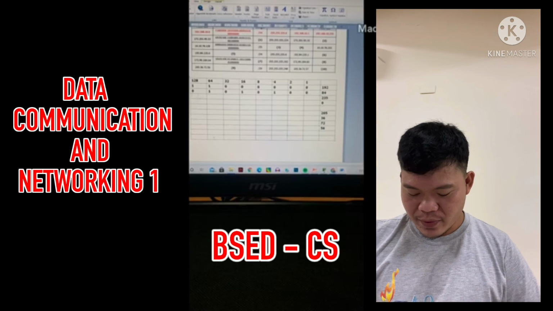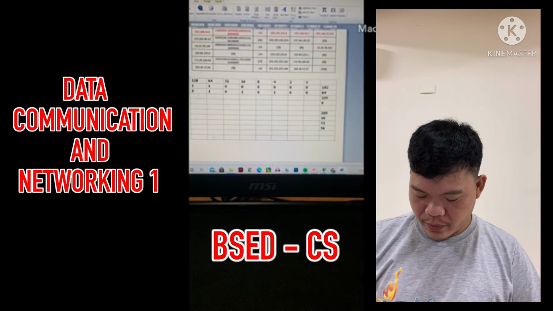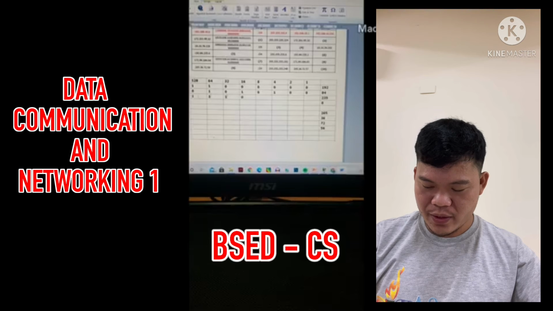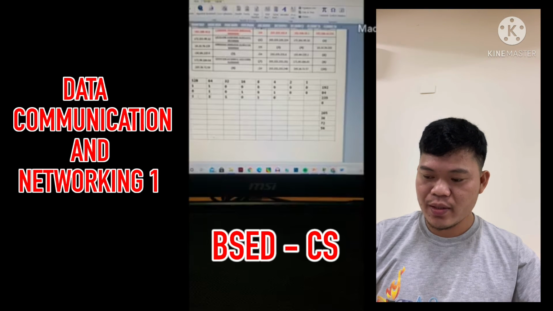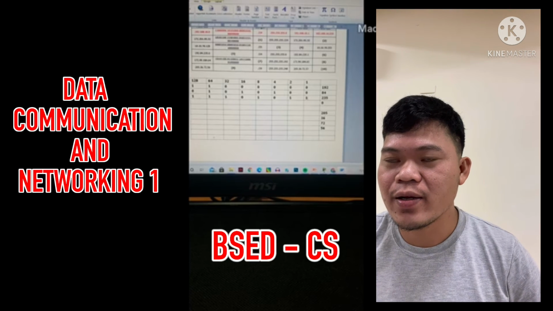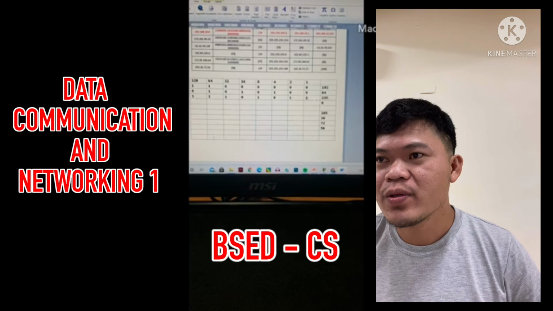Then the next one we have is 235: 1, 1, 1, 0, 1, 0, 1, 1. If you add all of these ones, it is equivalent to 235.